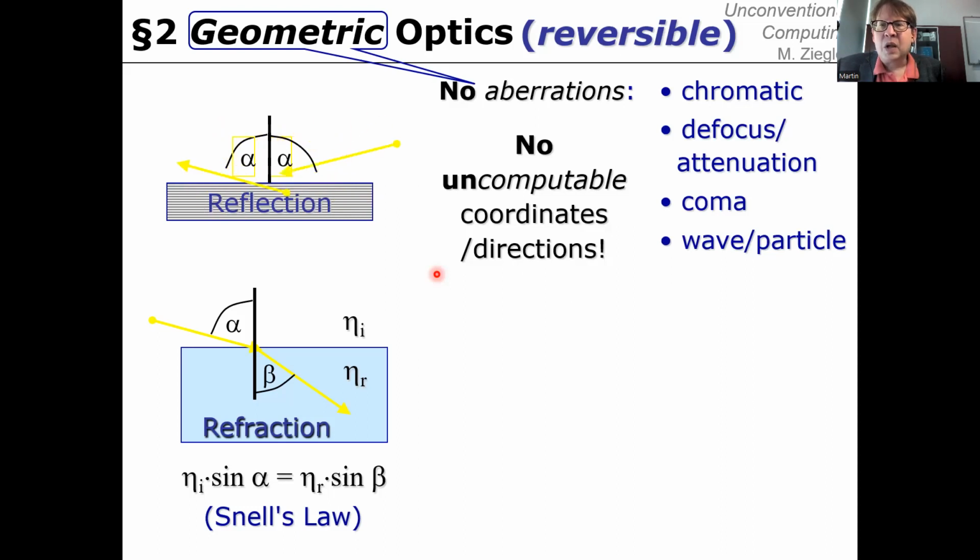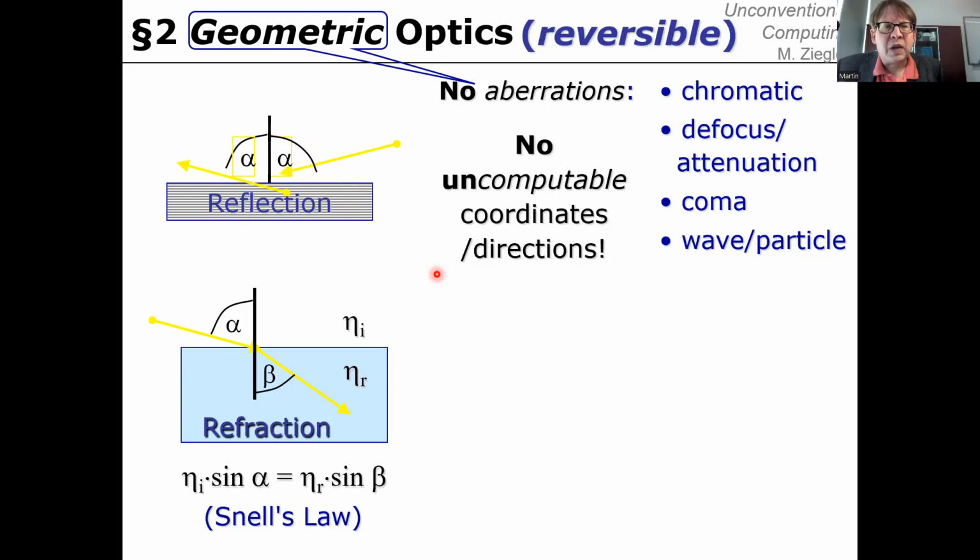So these are our idealizations, and under these idealizations, every optical device can be also operated in the opposite direction. So when here a light ray enters and leaves at the same angle, we can do it the other way.